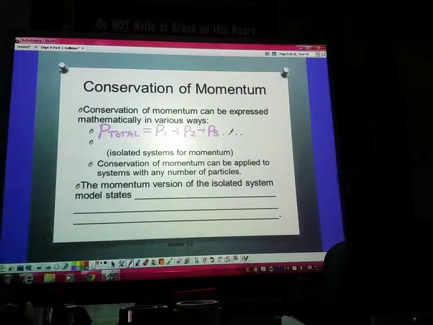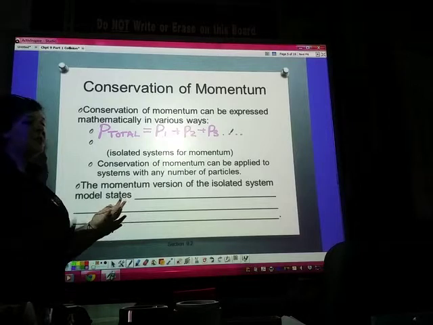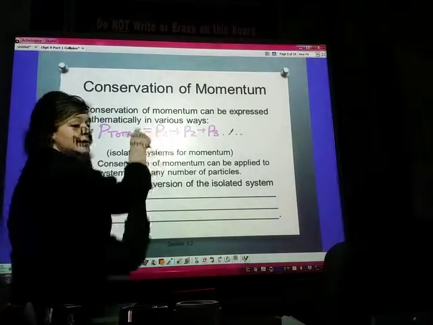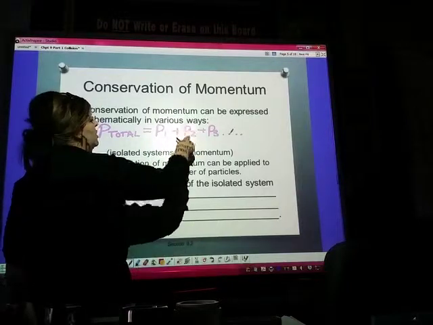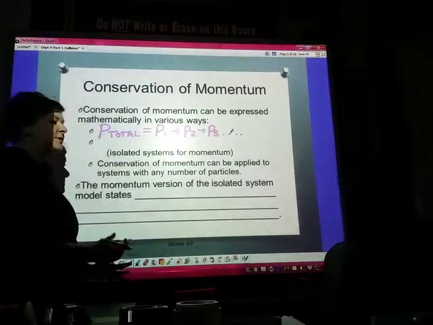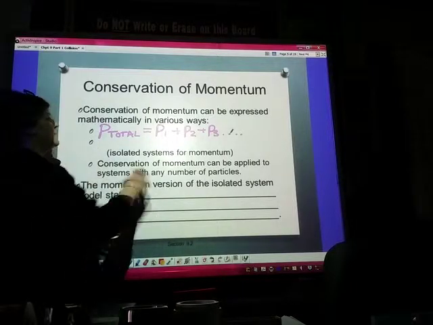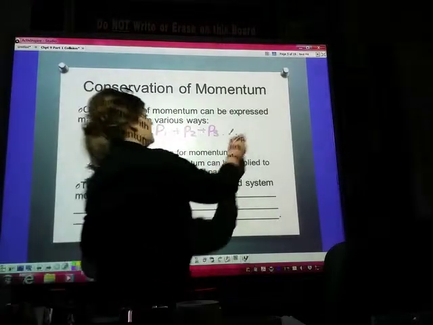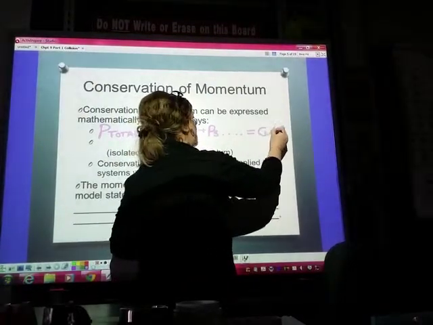So let's say that I want to talk about the total momentum in a car crash between two cars. Then car 1 has a specific amount of momentum, car 2 has momentum. So to talk about the total momentum of the entire system, assuming the system is two cars, I need to think about the momentum of both of those cars individually. All of this, the total momentum, should remain constant.